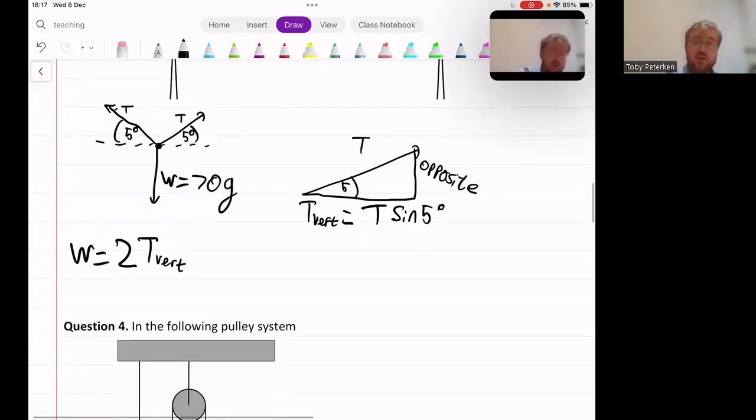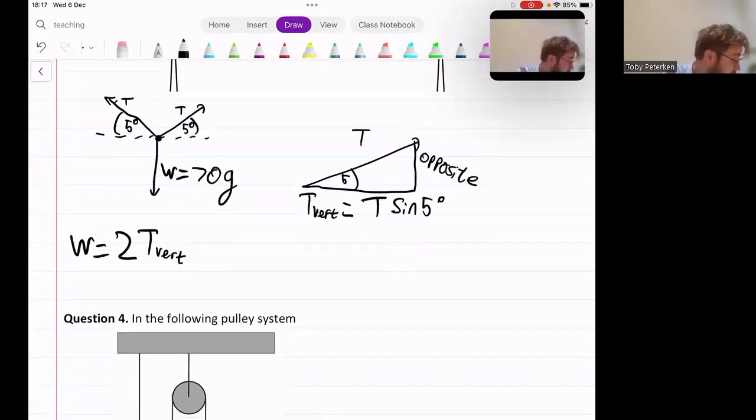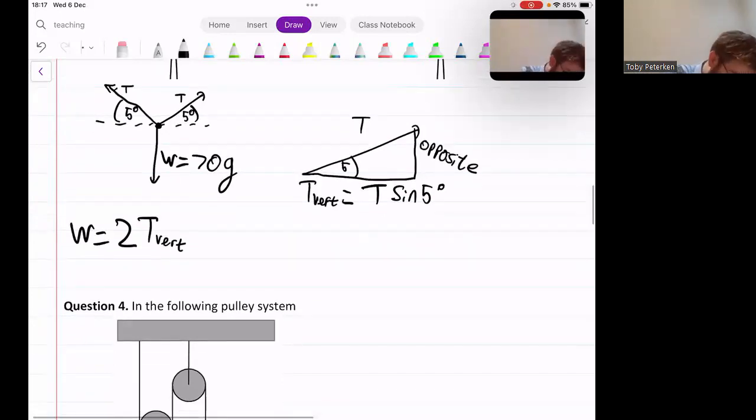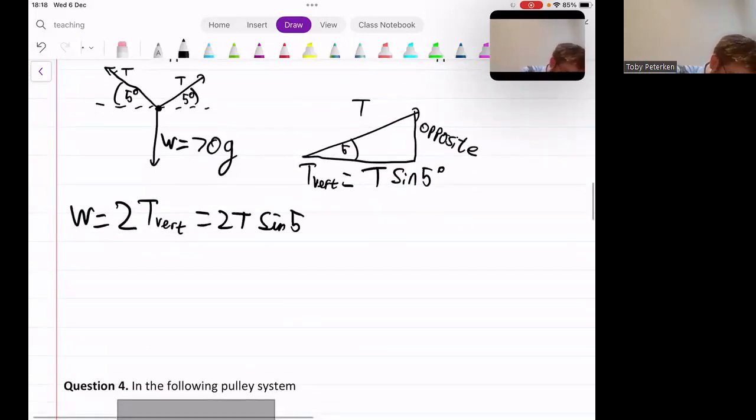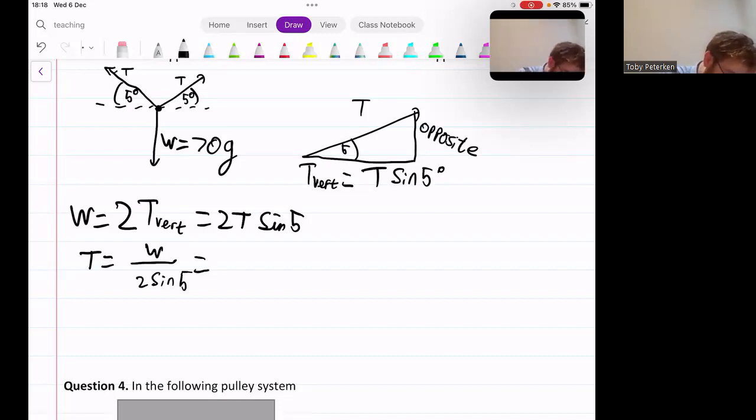And the reason it's 2 is because we're getting the force from both sides of the tightrope walker. So we put this in and we have 2T sine 5, which we can rearrange to get T equals W over 2 sine 5, which we can then plug numbers into.